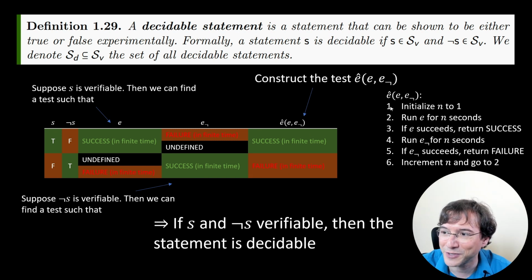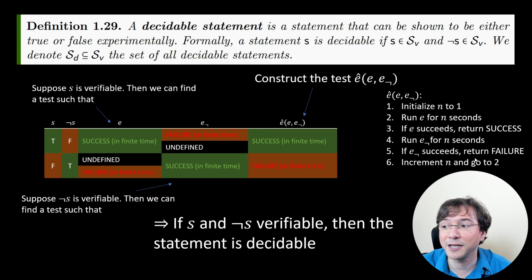So this is how you do it. You make a test that works like this. You initialize n to 1, say 1 second. You run the first test for 1 second. If it succeeds in 1 second, then you return success. If the other test succeeds in 1 second, then you return failure.